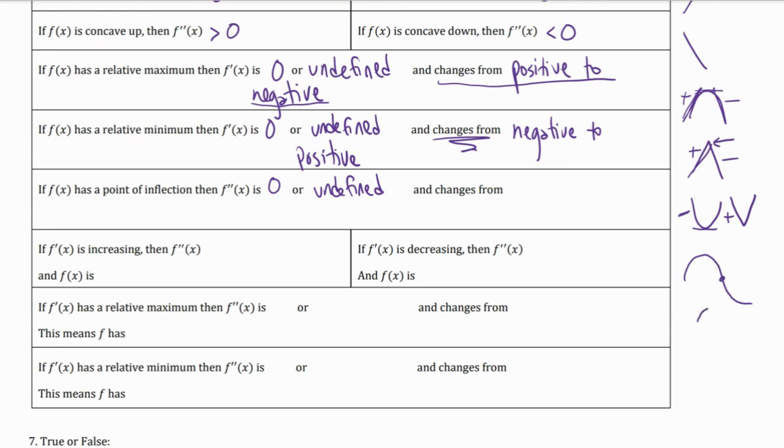Or if you had something like this, where your f double prime is undefined because f prime is undefined, that's also possible. So f has a point of inflection. Really, what matters here is that your concavity changes. So that's what a point of inflection is. It's a change in concavity.